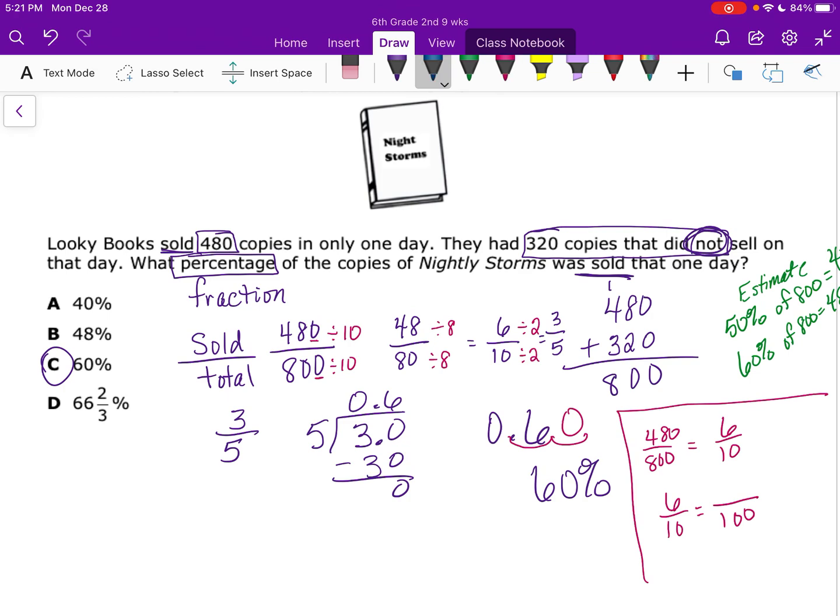So if you said 10 times 10 is 100, and 6 times 10 is 60, then 60 per 100 is 60%, making that fraction to a percent. Okay, so this is just another way that you could have solved it. This works really well when you have a denominator that is a factor of 100.